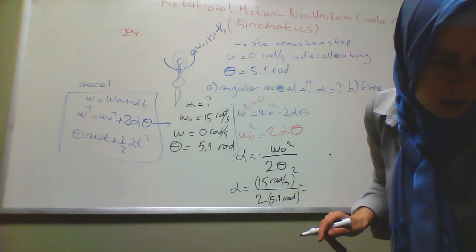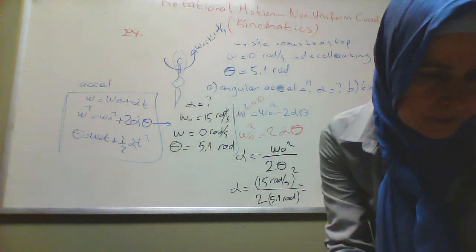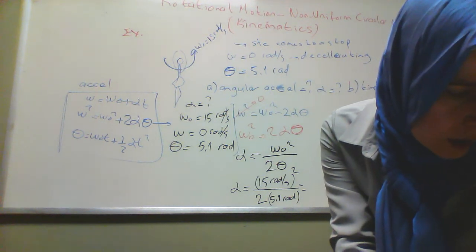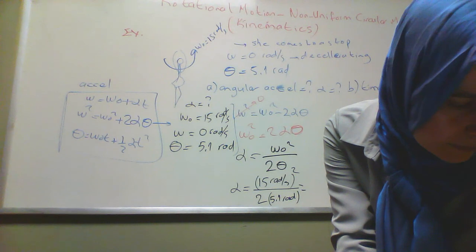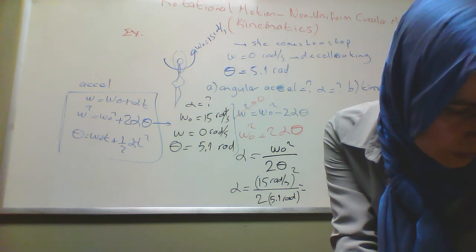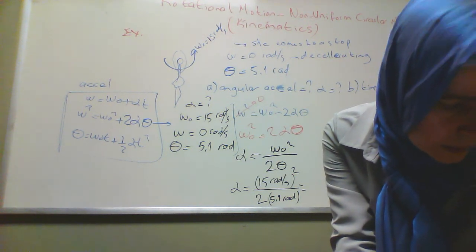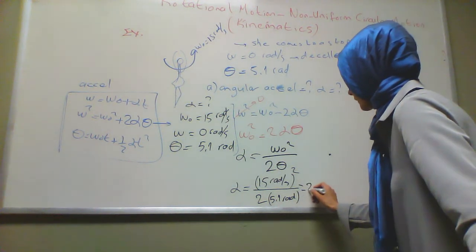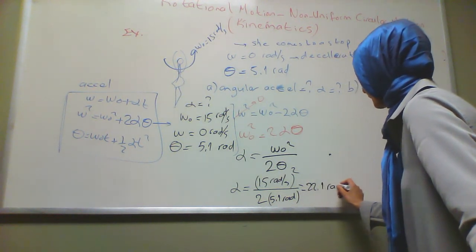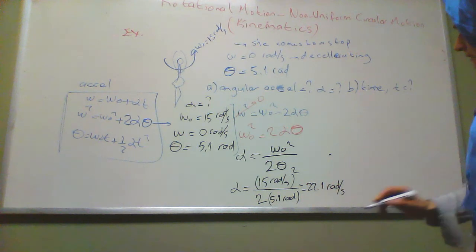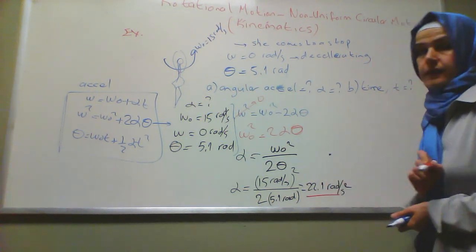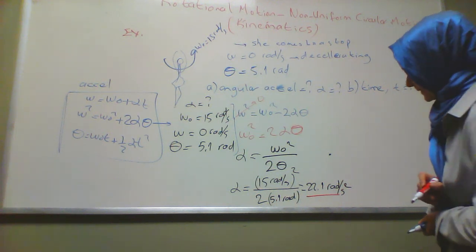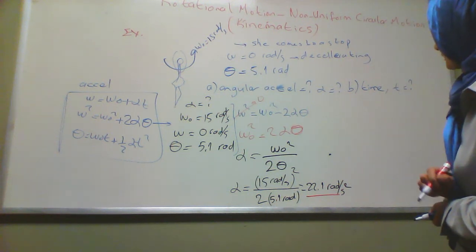Do I have the answer? I actually don't have the answer. Oh, I do. It should be equal to 22.1 rad per second squared. Please check this answer and let me know if it's correct. It should be correct. I did this some time ago, but yeah.